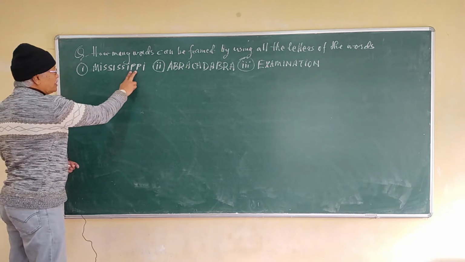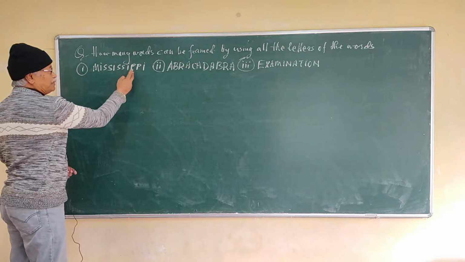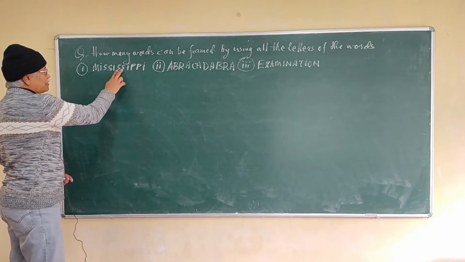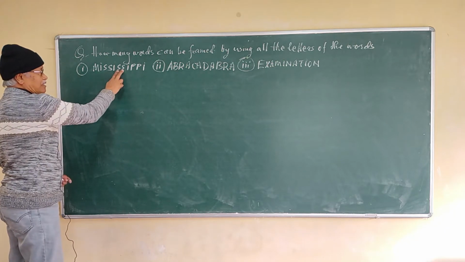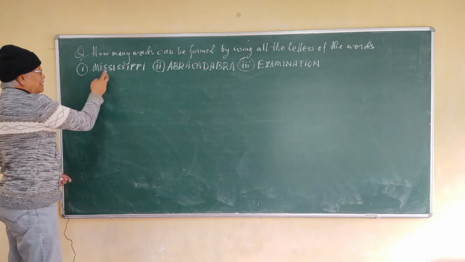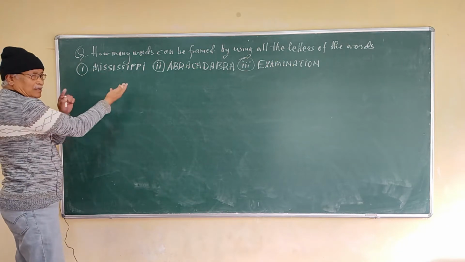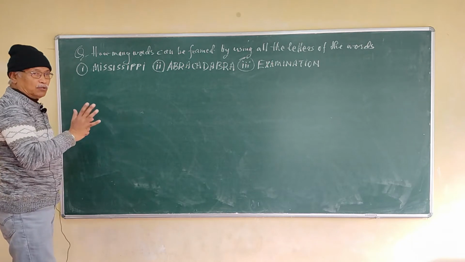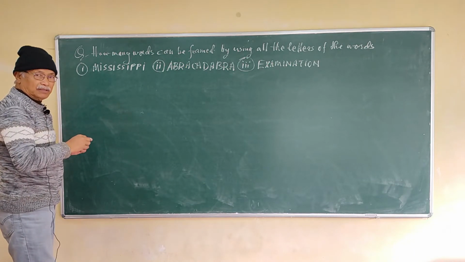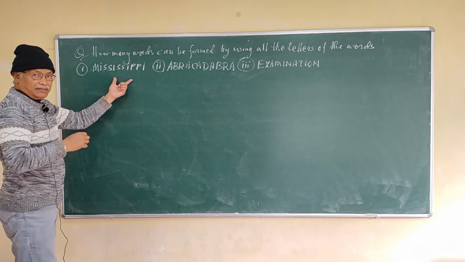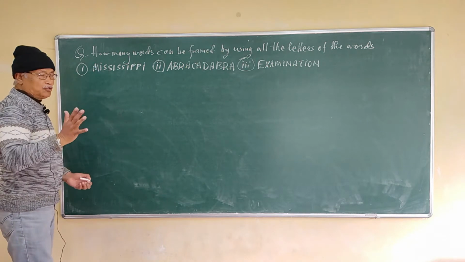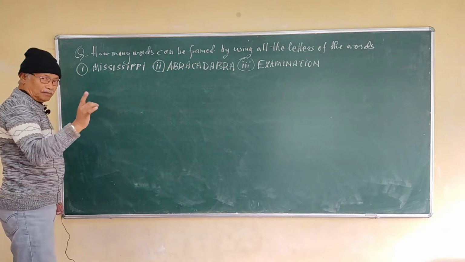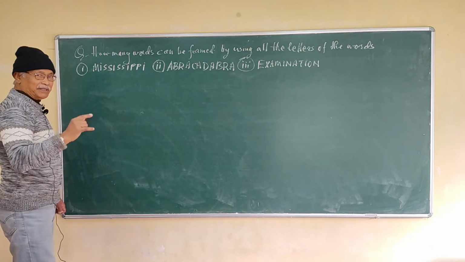Well, if you interchange P and P, it doesn't matter. It will mean the same thing. Similarly, this SS and SS, right? And if the I's interchange themselves, one with the other, then it will not create any new word. So the number of words will be less. Now, in this case, what you do is, you just try to note it down. Hopefully you are with the pen and paper, as I told you.